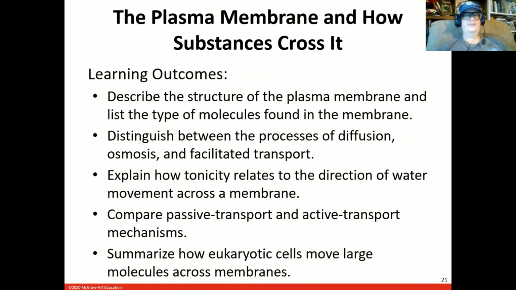Tonicity is a fancy word for concentration. So explain how tonicity relates to the direction of water moving across the membrane. Easy. Water always wants to dilute things. Just remember that. Water always wants to dilute things.